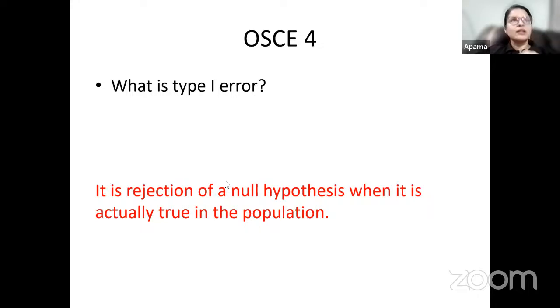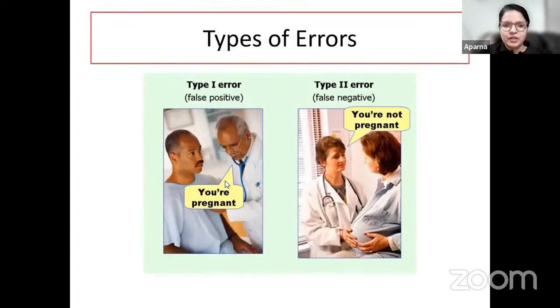So this is actually finding a statistically significant difference in the outcome when the reality is that the intervention did not produce any significant effect on the outcome. So this is generally taken to be a more serious type of error because you're actually over detecting a difference which is not really existent.